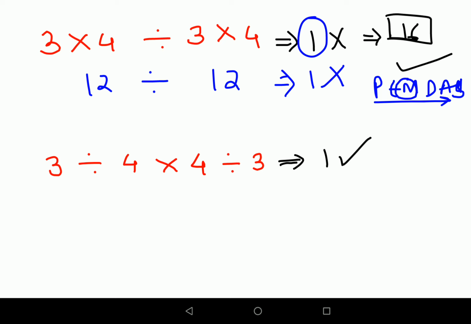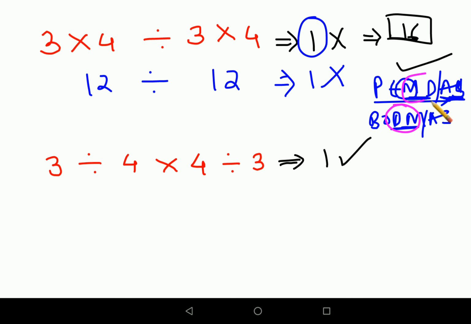Please understand, in PEMDAS or in BODMAS, whatever you all are following, the only thing you have to remember is that division and multiplication, and addition and subtraction both, hold the same importance. If your question has only division and multiplication, both of them hold the same importance.